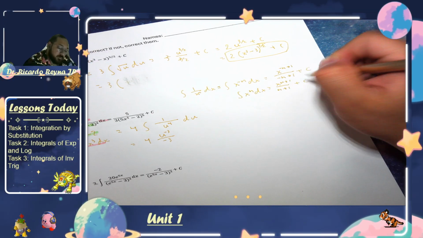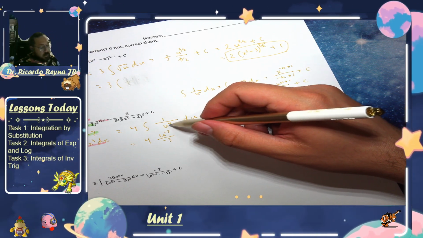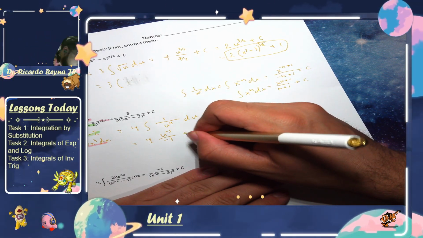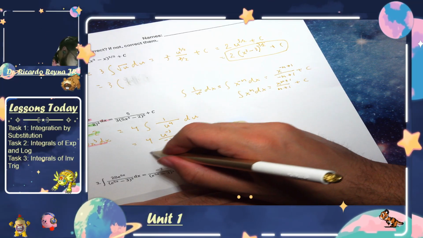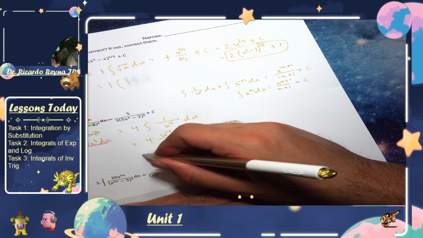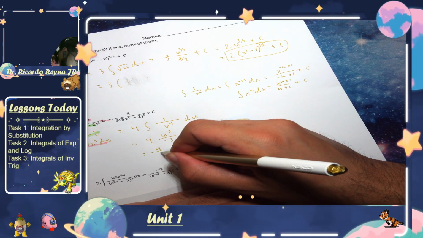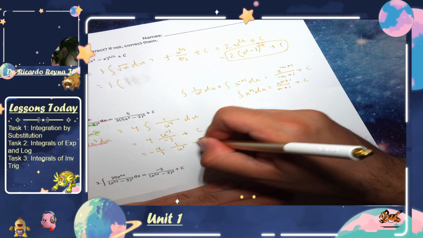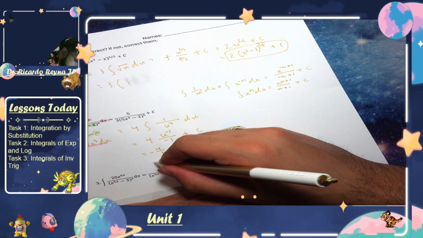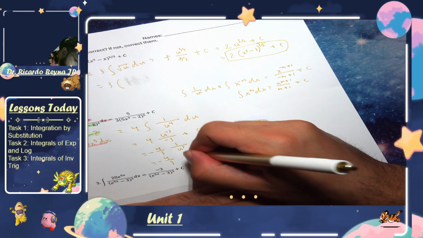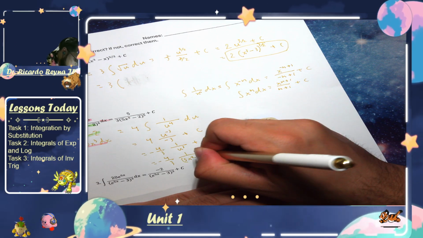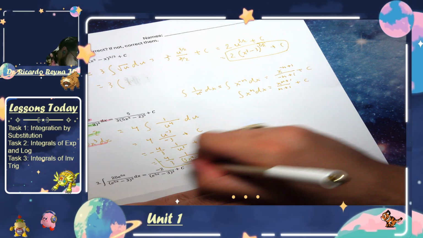So that's why it's technically a -4. -4 plus 1 is -3. From there, you could simplify a little bit to get -4 over 3, 1 over u to the power of 3 plus c, and then we plug in back u. 5x4 minus 2 to the power of 3 plus c.